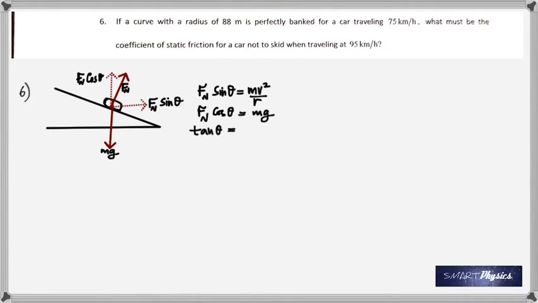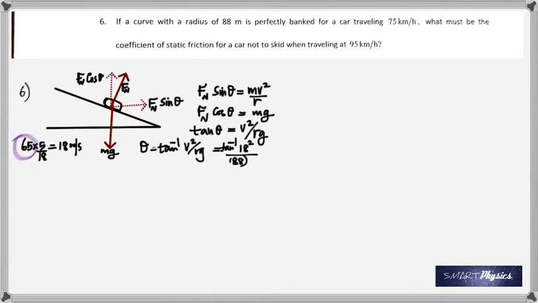So dividing the equations, you get tan theta is v squared by rg, from which we can find the angle of banking. But the 75 kilometers per hour has to be changed into meter per second, which is 18 meter per second. And when you substitute that, you get the angle as 20.7 degrees.